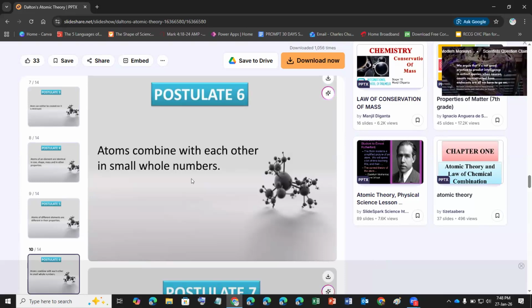Once you see this, you will see that this is what makes understanding what's happening in a chemical reaction very easy. Because if you couldn't establish that it was in whole numbers, then it might lead to guesswork or some kind of calculations that we may not be able to fully arrive at.